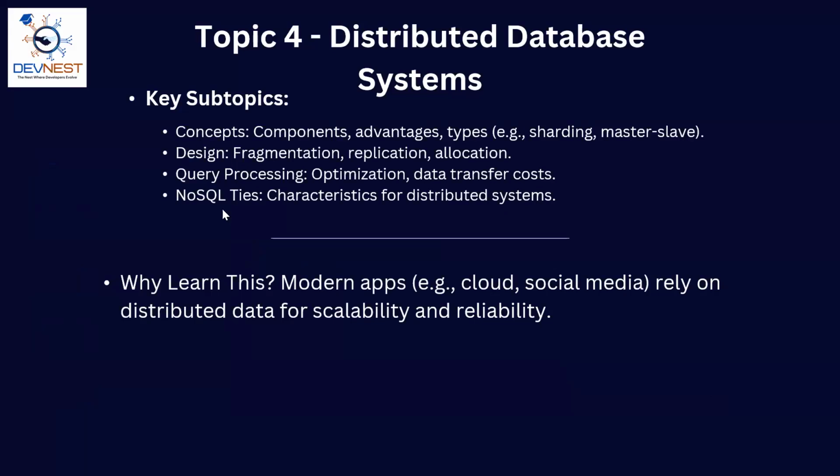Okay, topic 4 is distributed databases and systems. I told you about distributed systems, right? Let's think of Facebook, Google, or Amazon. They don't have one database. They have thousands working together.